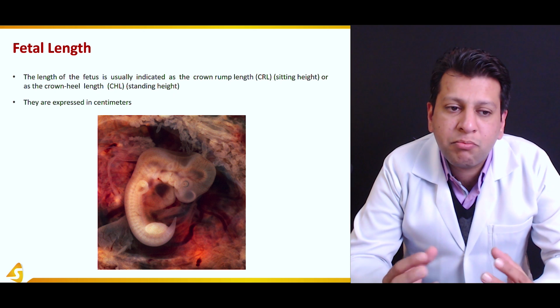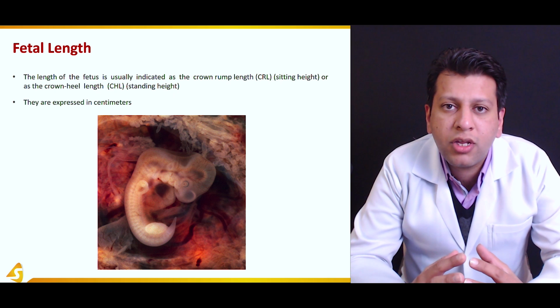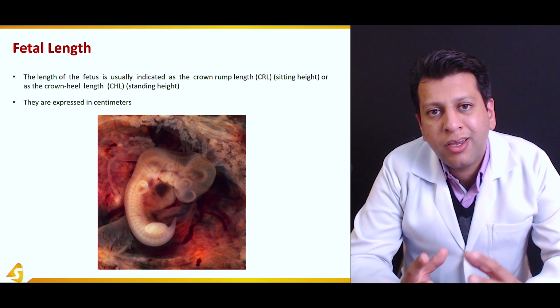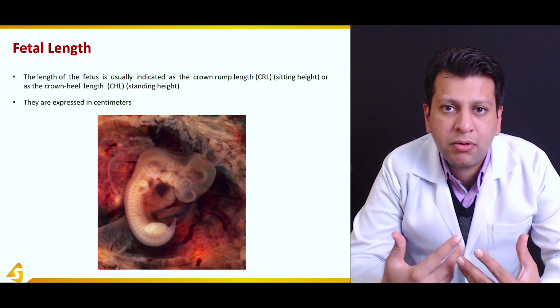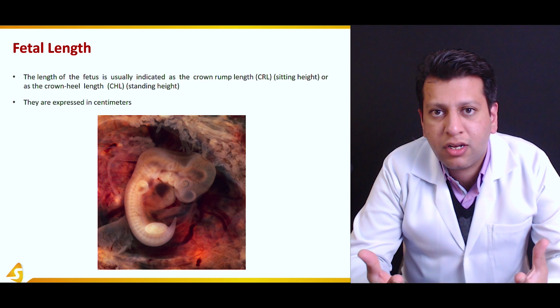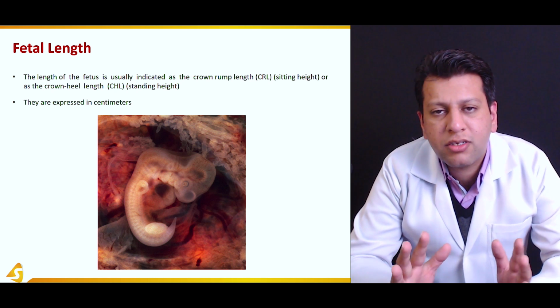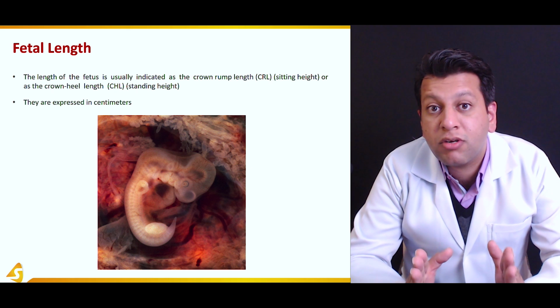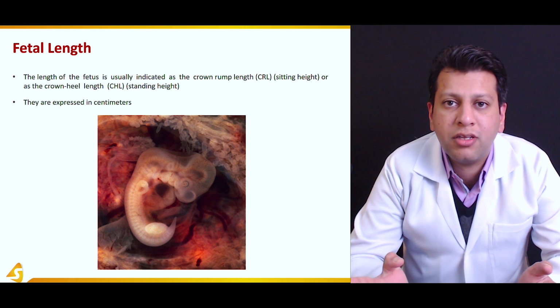The reason is that the lower half of the body is not very well developed initially. The major area of the body is the head and upper torso, while the limbs are not really developed much. So the major indicator is crown rump length, and it is always expressed in centimeters.